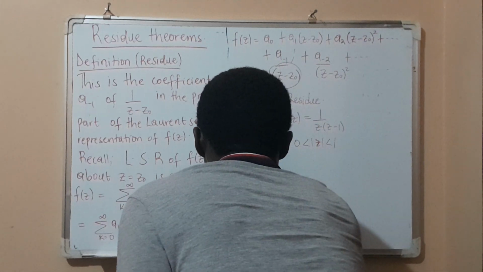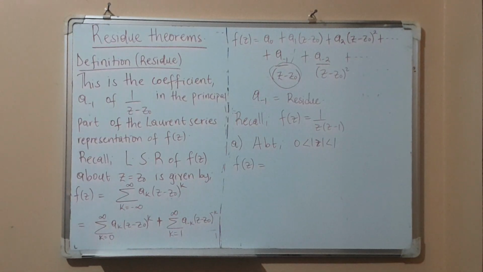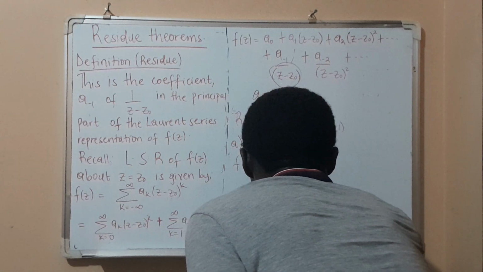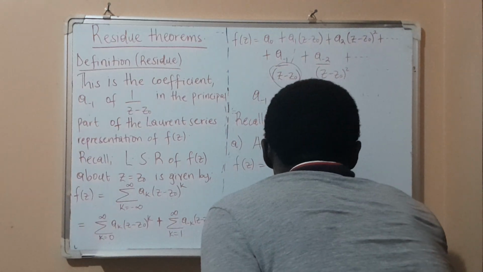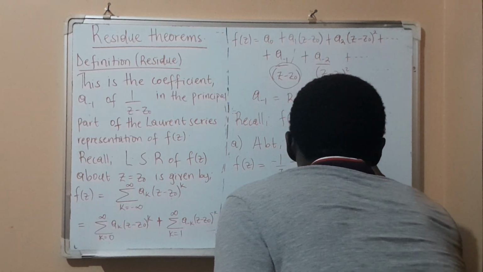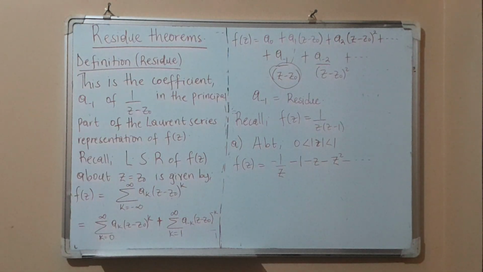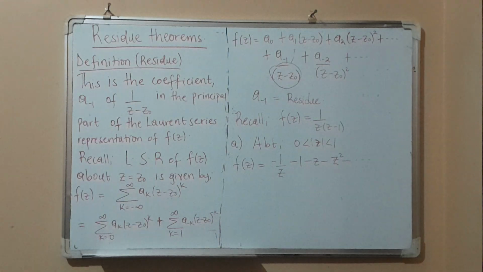So we got our answer as f of z equals negative 1 over z, minus 1, minus z, minus z squared, minus and so on. So that is the Laurent series expansion about z equals 0 of this function, considering that domain. That is valid for that domain.